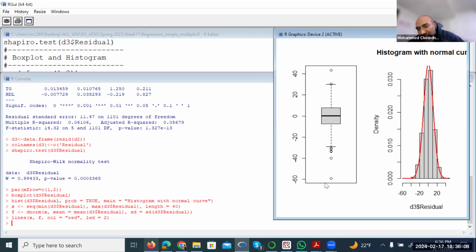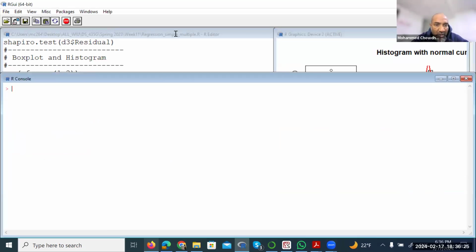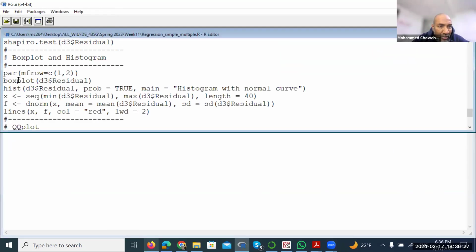In such cases, even though histogram and box plot show symmetry, the p-value is not giving us a value greater than 0.05. So we can say that data is not normally distributed. That means residual is not normally distributed. Okay, so box plot and done.